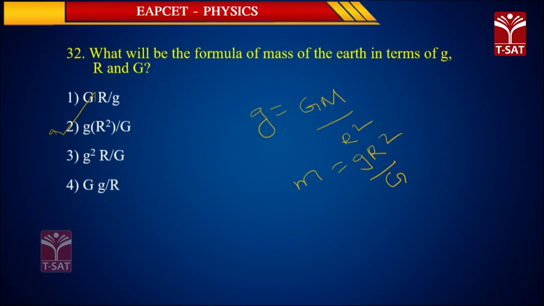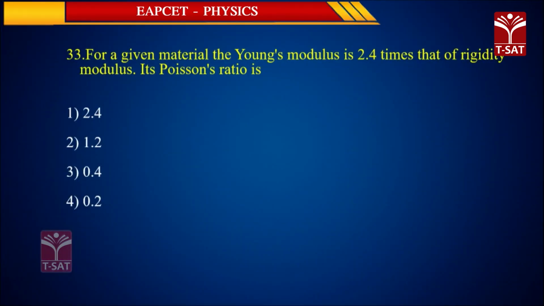Next question. For a given material the Young's modulus is 2.4 times that of the rigidity modulus, then what is its Poisson ratio?